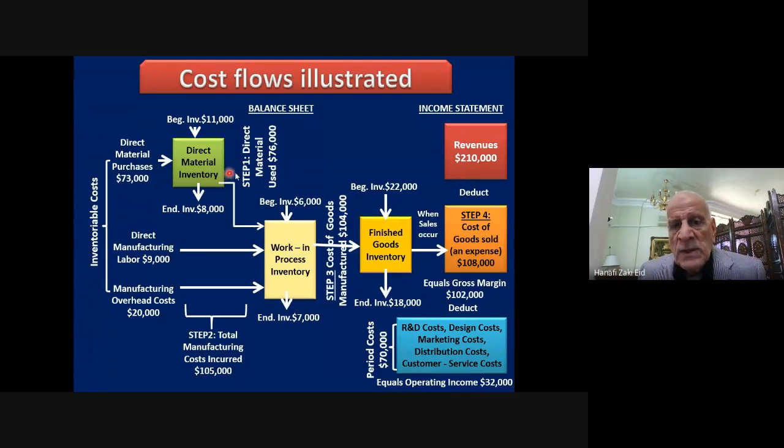Please understand and study this slide many times, because this will be representing the backbone of our illustration of all the forthcoming parts of our course.